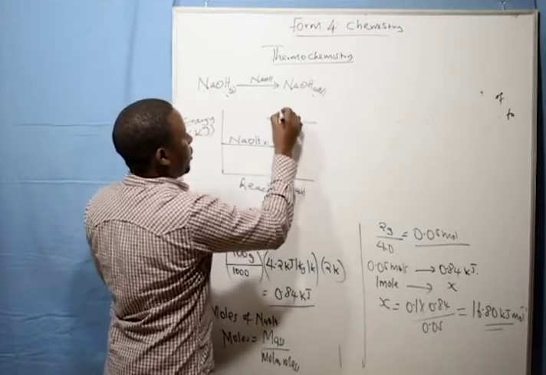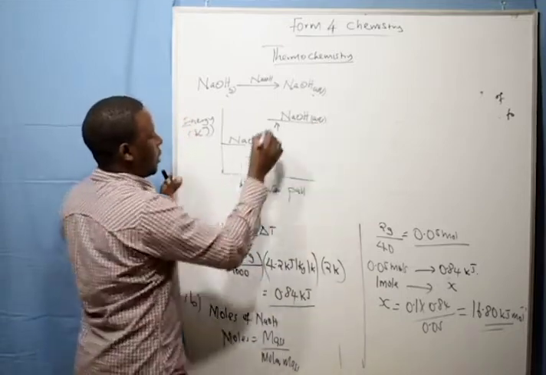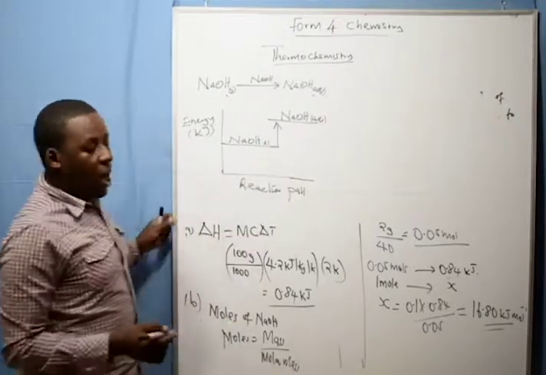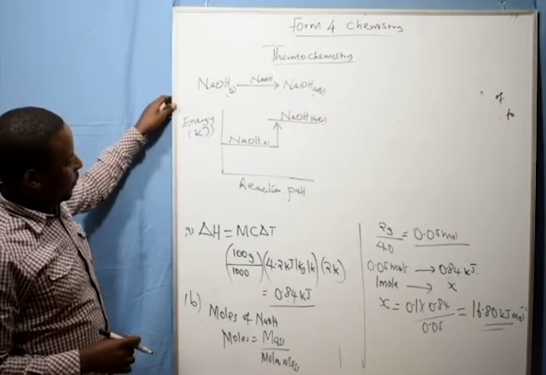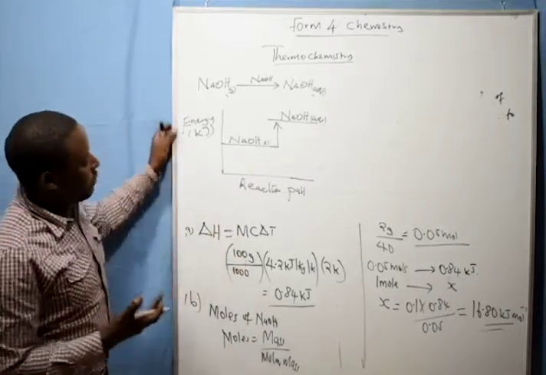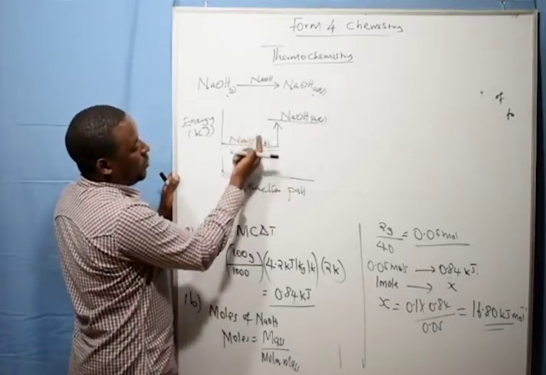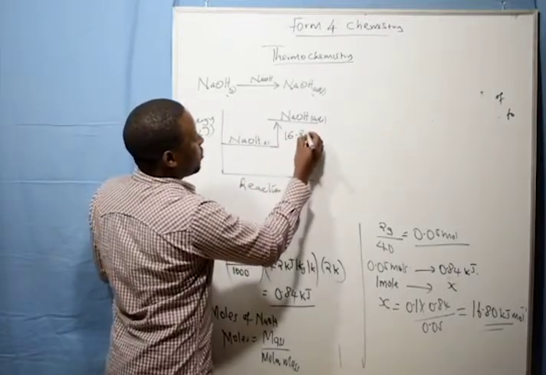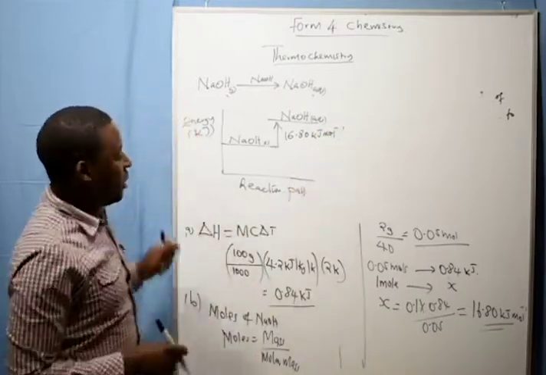You get sodium hydroxide in aqueous state. This is our energy level diagram. And remember, this is an endothermic reaction, and in an endothermic reaction, the heat is absorbed. That is why the arrow is pointing upwards. And how much heat is absorbed is 16.80 kilojoules per mole. That is the amount of energy that is absorbed.